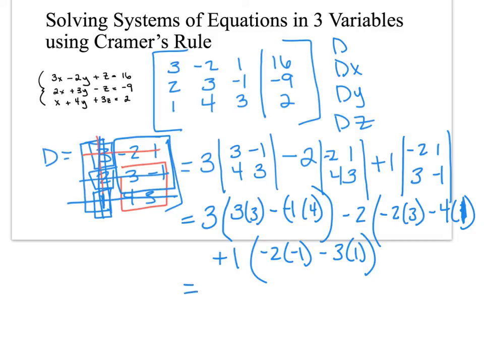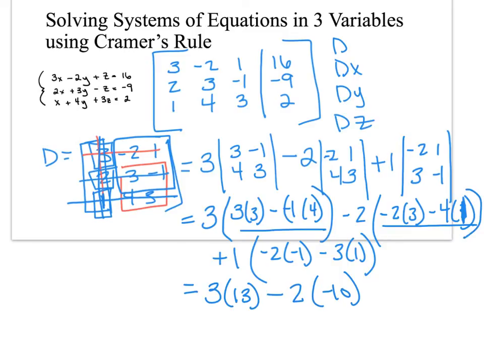And then simplifying within the brackets, it's going to be 3 times 13, that's the determinant for the 2 by 2, subtract 2 times -10, that's -10 is the calculation for that determinant, and then plus 1 times -1, which is the difference for that determinant.